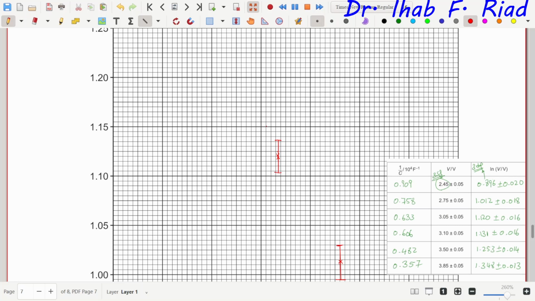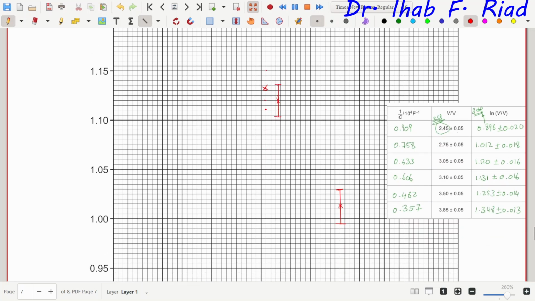And we have 1.13. Let us do the counting. 1.11, 1.12, 1.13, and we are up here. 0.61, we are almost here.